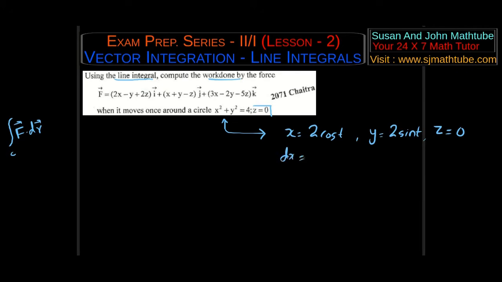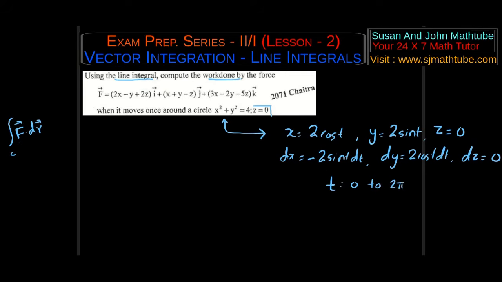So dx will be, tell me what is dx? Yeah, minus 2 sin t dt. And what about dy? 2 cos t dt. And dz will be equal to 0. And one more very important thing, t varies from 0 to 2 pi. Now I'm not going to explain how this comes.